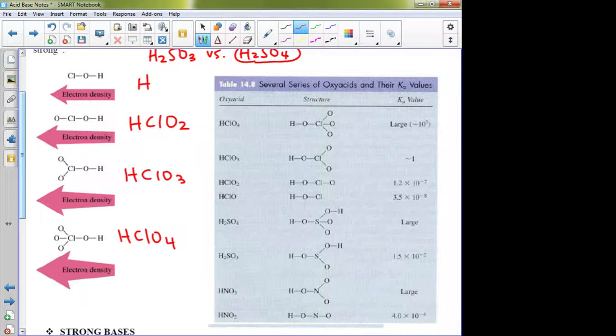And here's my hypochlorous acid, HClO. Now, which one of these 4, 1, 2, 3, or 4, is going to be the strongest acid? My HClO4. Why? Because these three oxygens here are doing what?